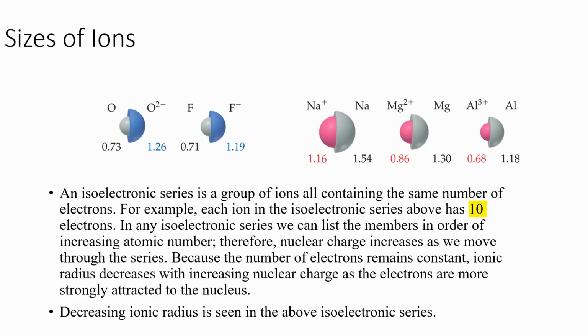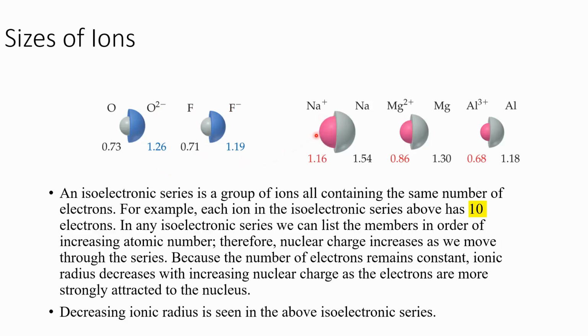Now, sizes of ions. An isoelectronic series is a group of ions all containing the same number of electrons. For example, each ion in the isoelectronic series above here has 10 electrons. For example, oxygen 8 gained 2, it becomes 10. Fluorine 9 gains 1, becomes 10.